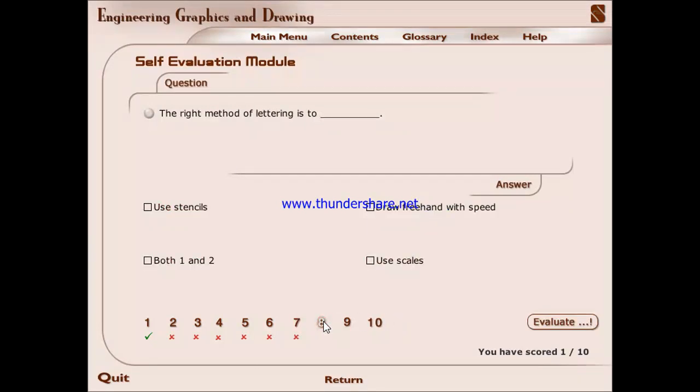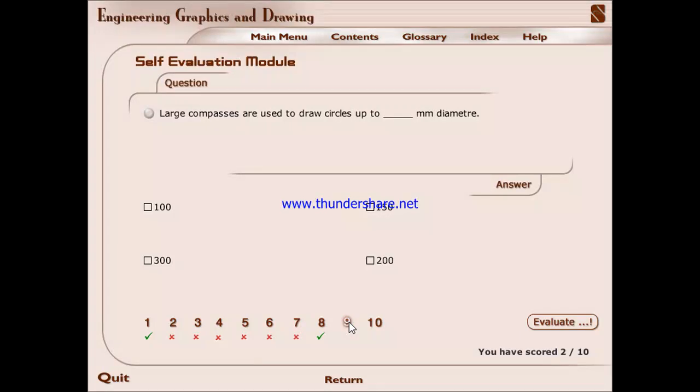And the right method of lettering is to use freehand. And similarly, large compasses are used to draw circles up to. Now last, protractor circle is used to draw circles of specified diameters only.